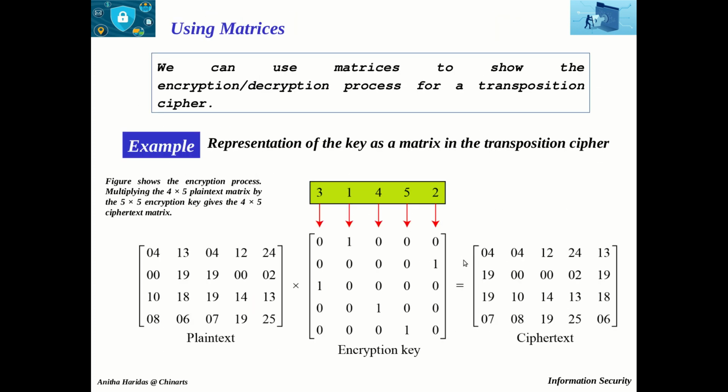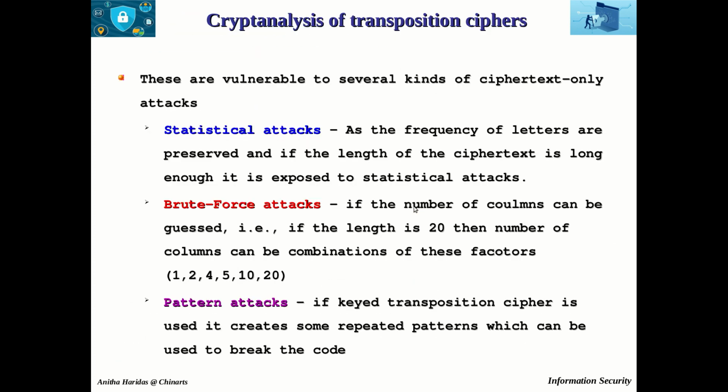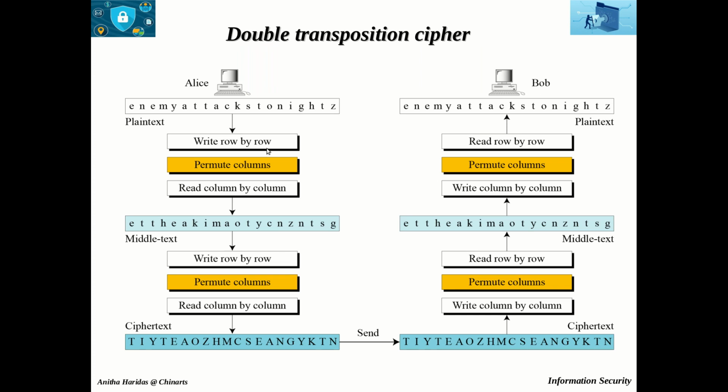If you observe here, in this cipher, the combination of two approaches has been repeated 2 times to produce the ciphertext. So this is the advantage of having the double transposition cipher, to secure your data in a more enhanced manner.